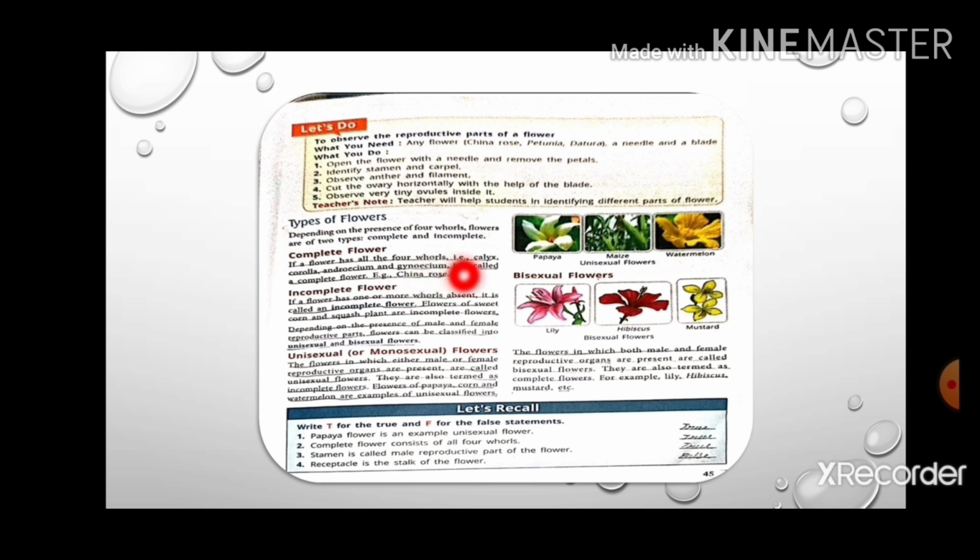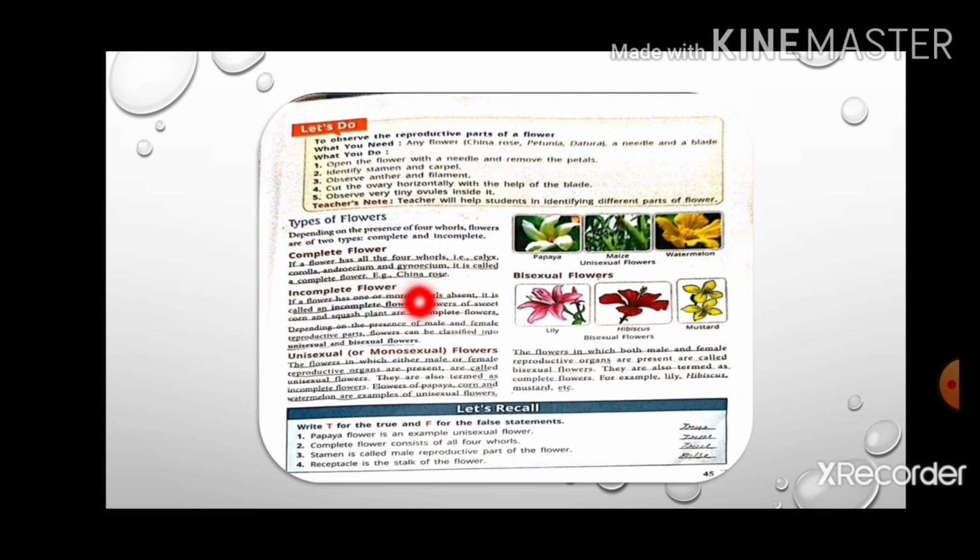That means calyx, corolla, androecium and gynoecium. Such types of flowers are called complete flowers. China rose is an example of a complete flower.